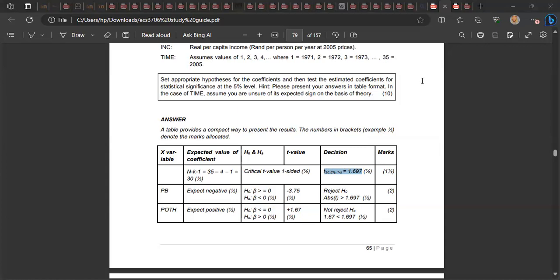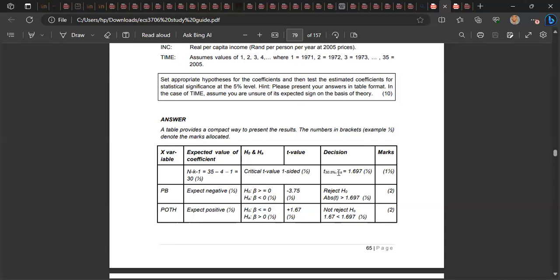We are basically doing a t-test, which is why we are seeing this t there. And 30 here represents the degrees of freedom, which is what was calculated there. And we are doing it at 5% significance. And this one here represents a one-tailed test, meaning it's one directional.